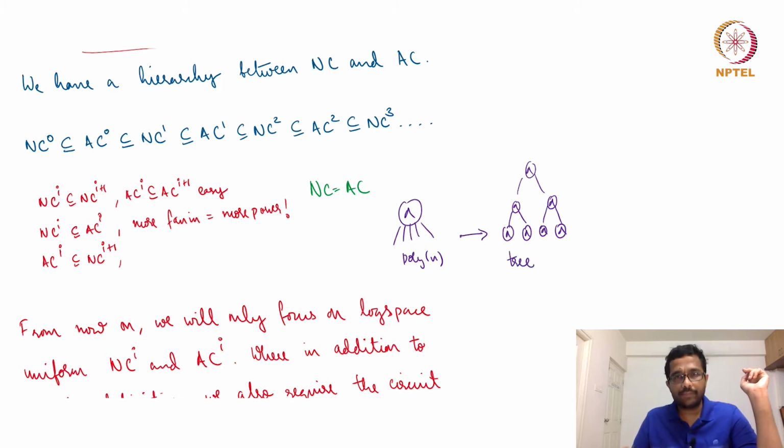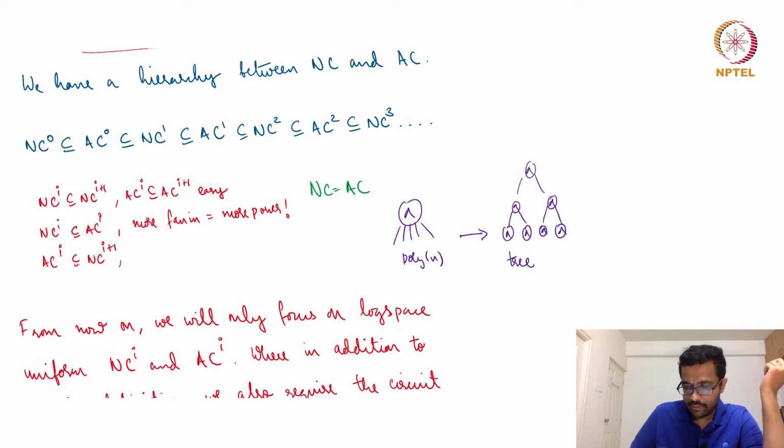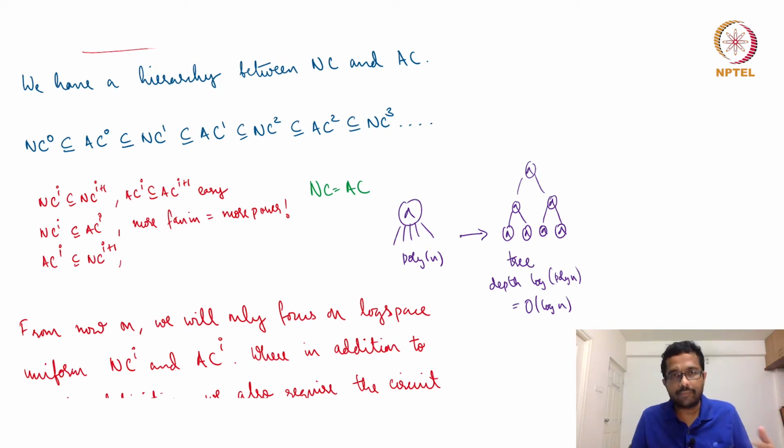And what would be the depth of this tree? The depth of this tree will be logarithmic of polynomial n, which will actually be some order log n, right? Because simply polynomial n is upper bounded by some n to the power k, so it is just k log n.